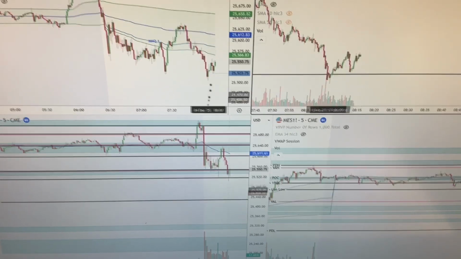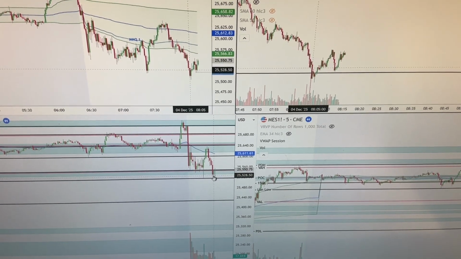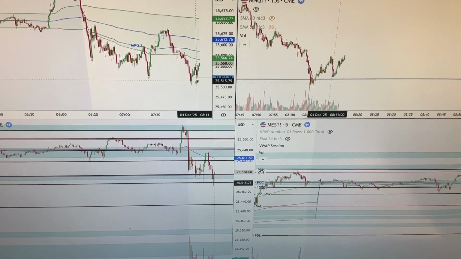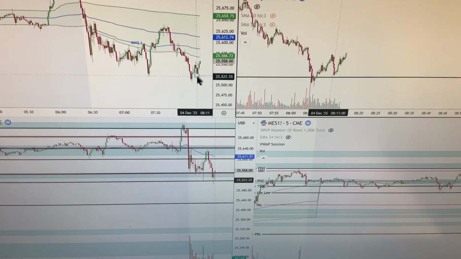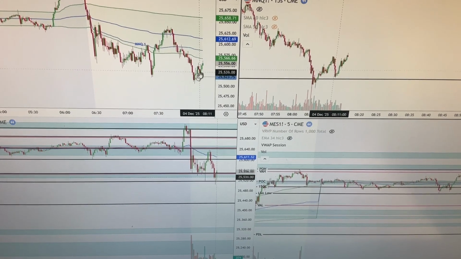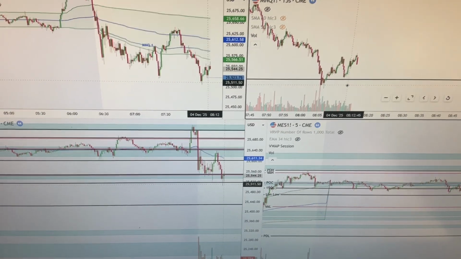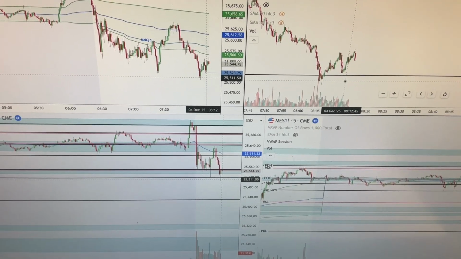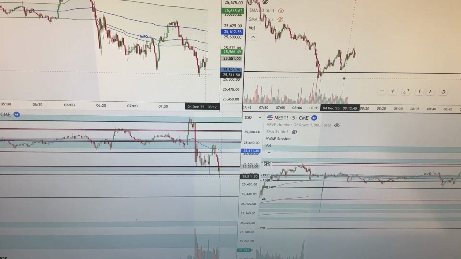You make the decision on the little hammer at the bottom, and then you catch the retest, the little bit of breather right there on the 15-second chart, on the 1 minute chart. So that's what she was working with.